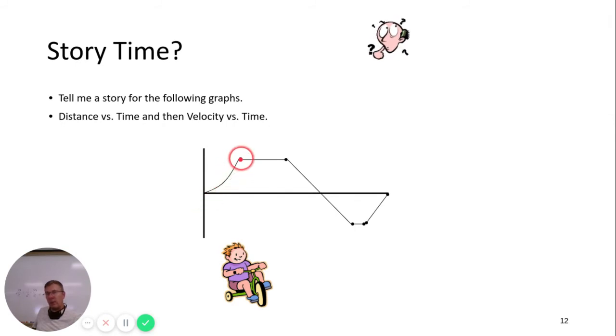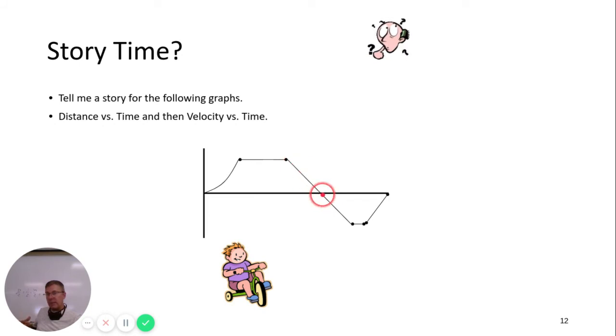What about this section here? It's a distance versus time graph. It's standing still, right? What about from here to here? This one, it's a straight line, so it's constant speed because it's the slope of speed, but because it's coming towards us, it's constant speed coming towards us.